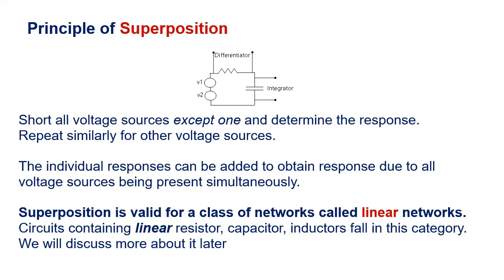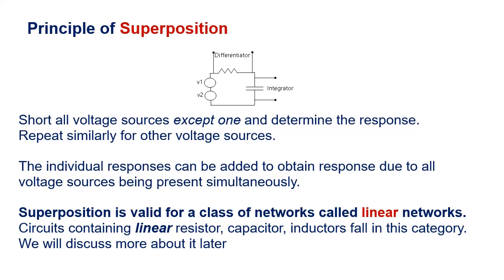You can visualize superposition as follows. Consider multiple voltage sources in series creating a stimulus. Short out all voltage sources except one, and determine the response. Repeat for others similarly. Responses from the individual sources can be summed to obtain the composite response from all voltage sources being present simultaneously.